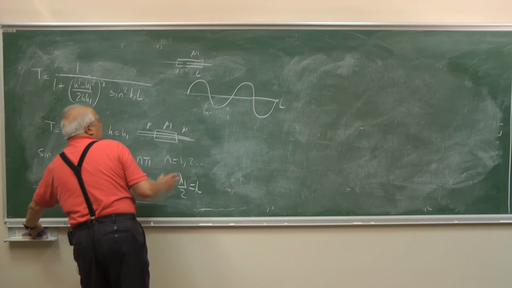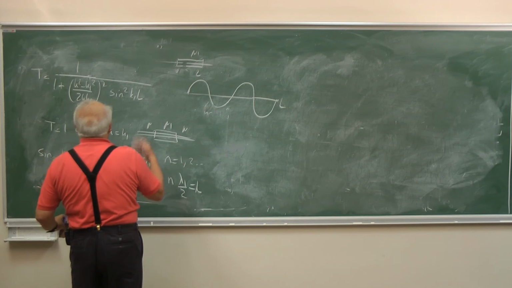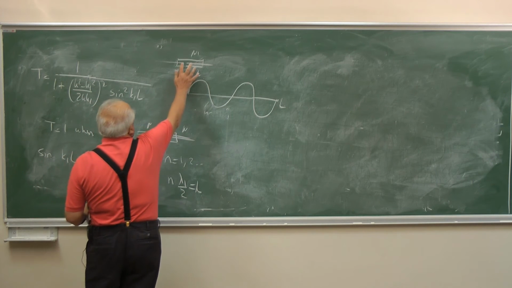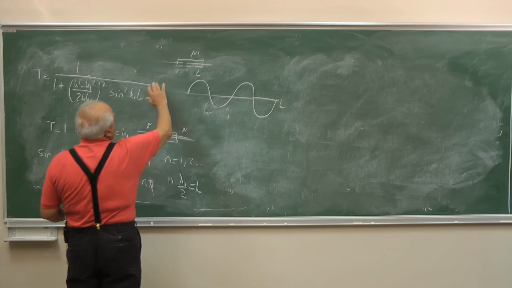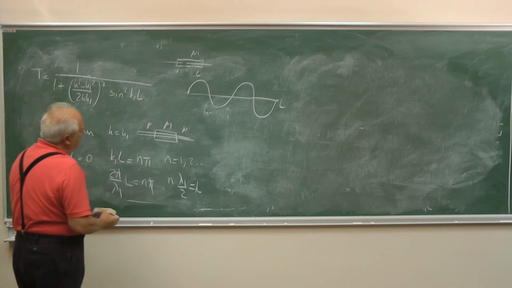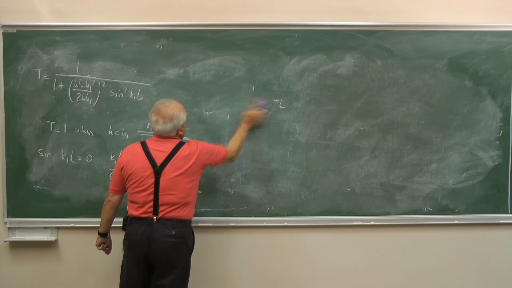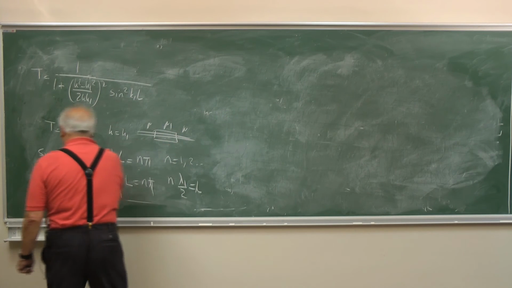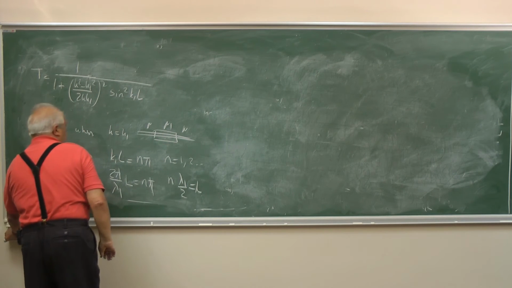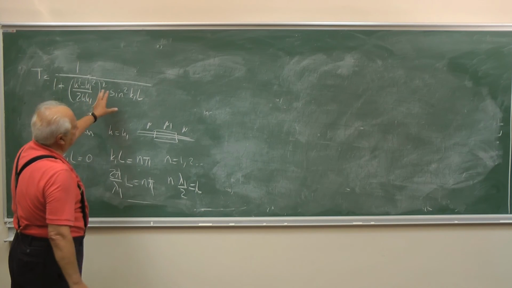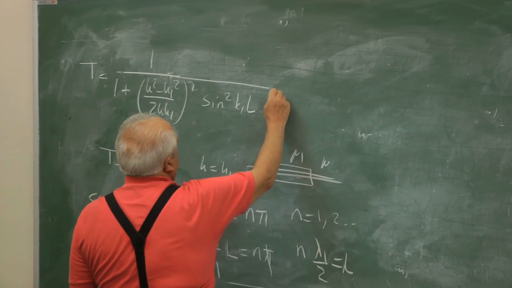So if an integer number of half wavelengths fits in, then we have a so-called transmission resonance. One should really do it on something like MATLAB.